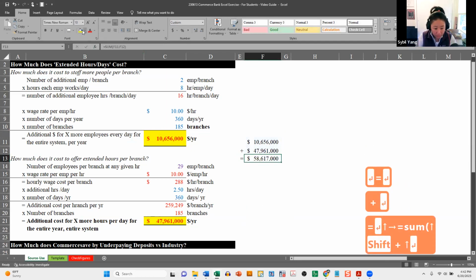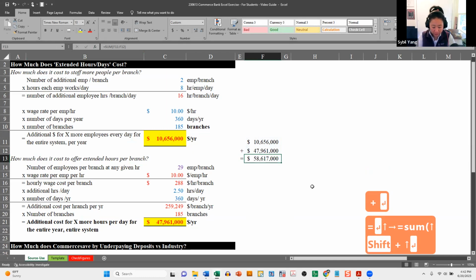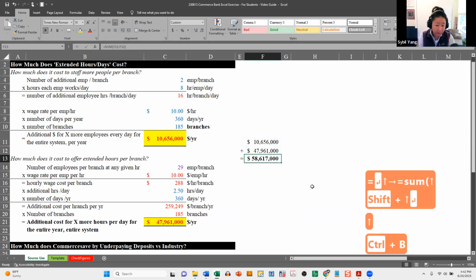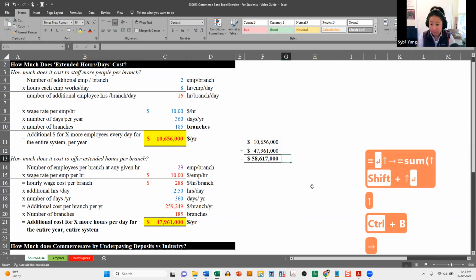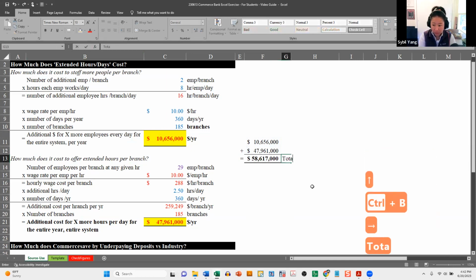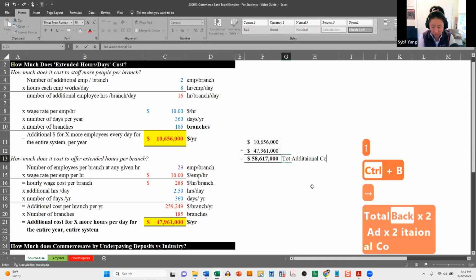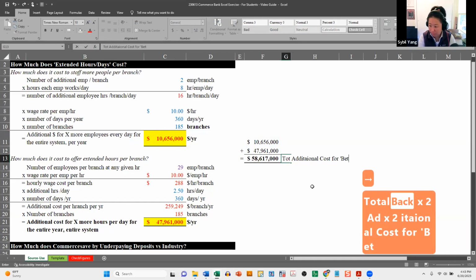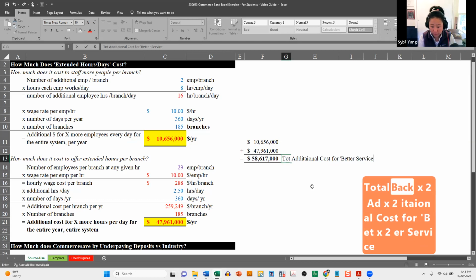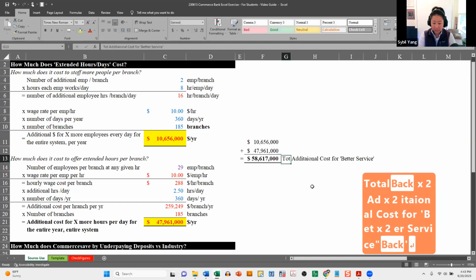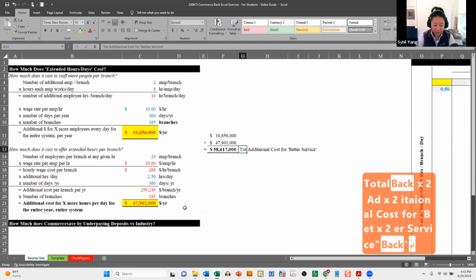Okay. That operationalization is going to cost me about $58.6 million. Okay. Total additional cost for better service. Okay. Is the type of operationalization that I'm talking about.